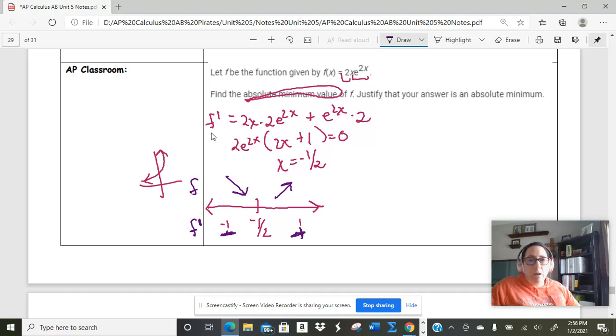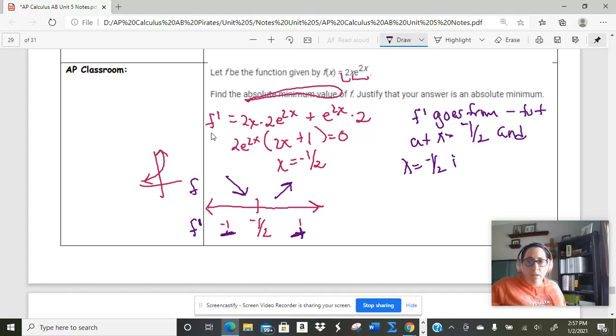Now, we also have to state for an absolute min that this was the only critical number. So f prime goes from negative to positive at x equals negative 1/2, and x equals negative 1/2 is the only critical number.